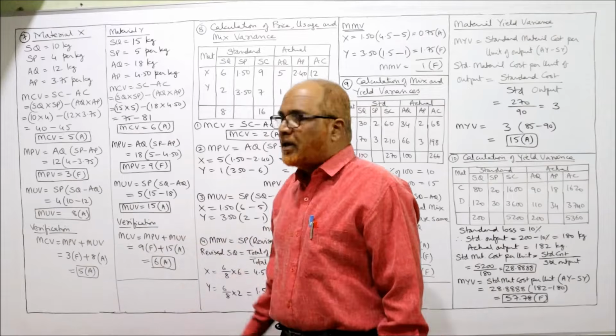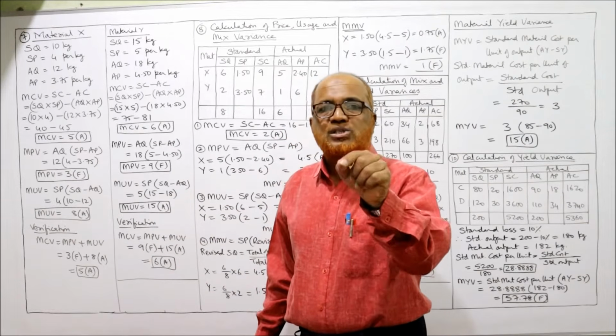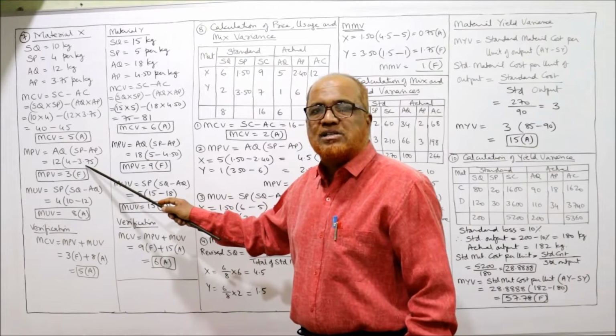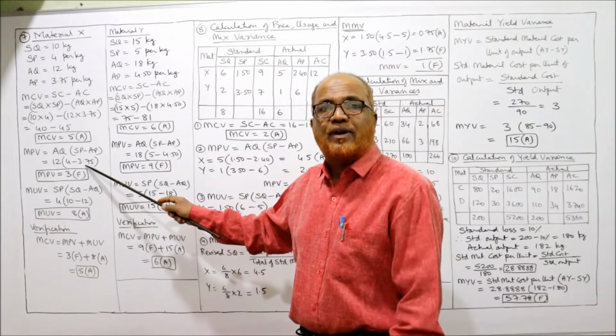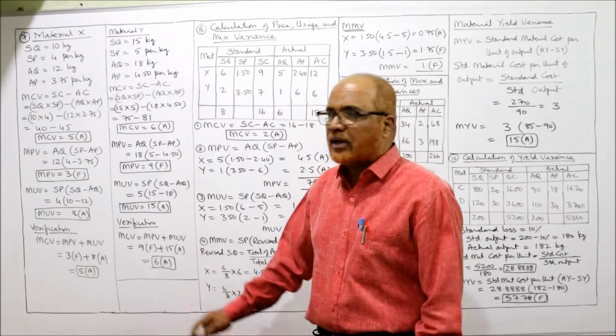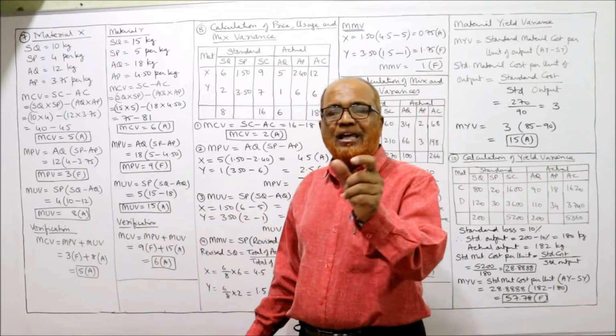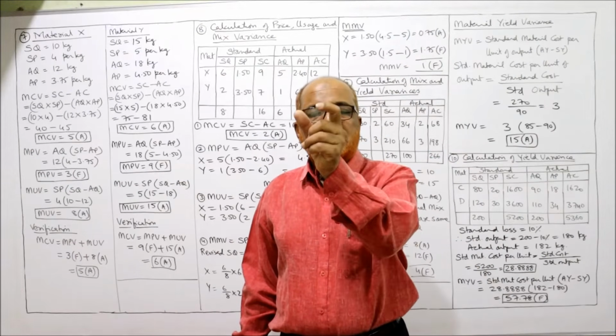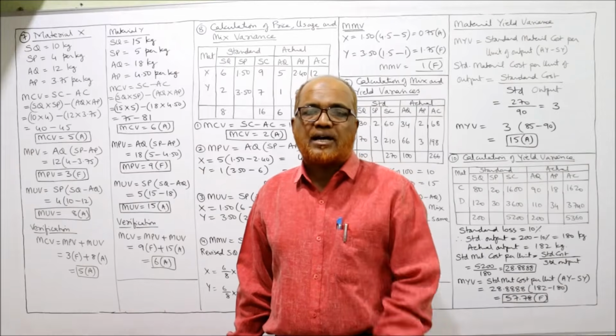In the bracket, if you get a positive figure, then the variance will be positive. So 4 minus 3.75 is positive 0.25. So 0.25 into 12, 3 favorable. MPV over.